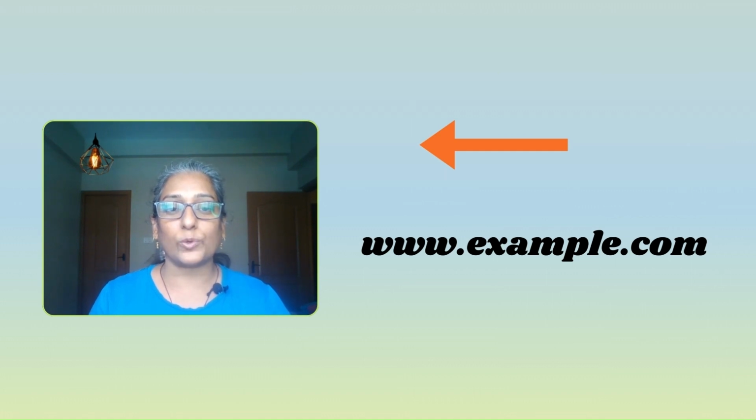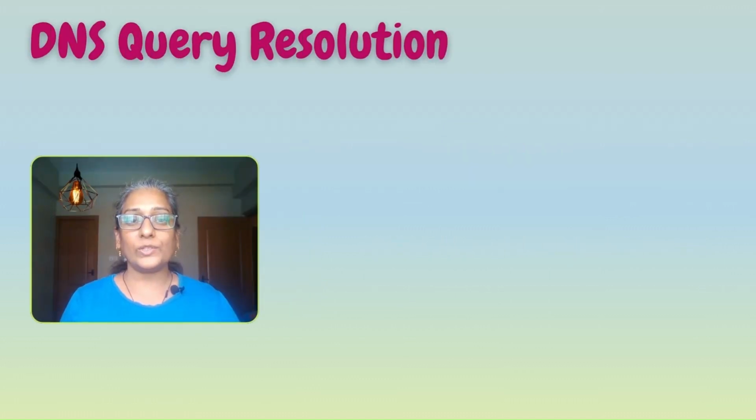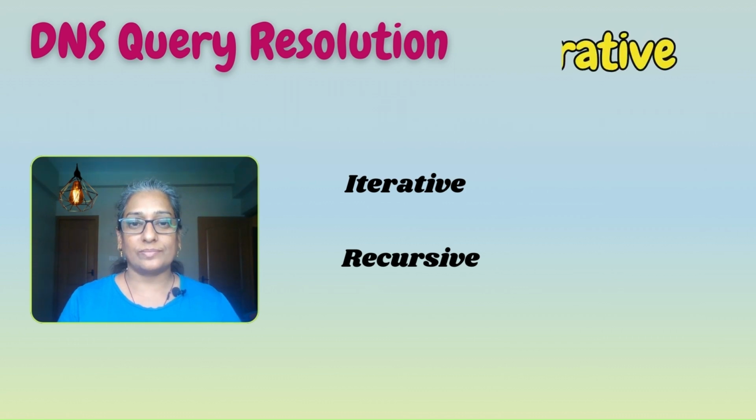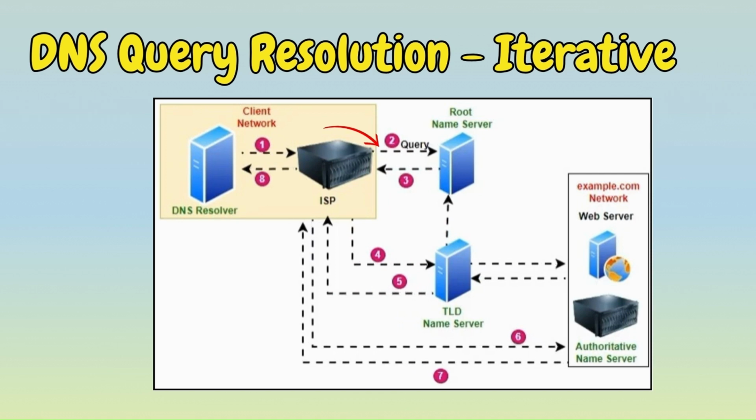Now, let's explore how the DNS query resolution happens. In DNS query resolution, there are two main methods, iterative and recursive. Let's discuss each. In iterative resolution, the DNS resolver sends a query to root level name server and awaits either the requested information or a referral to another top level domain name server that may have the information.